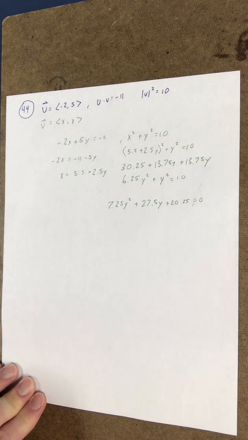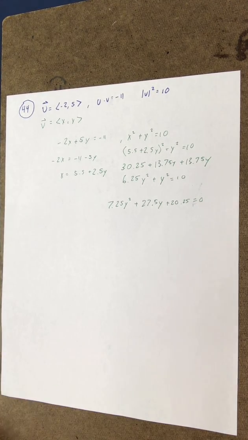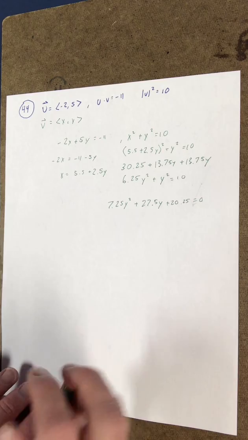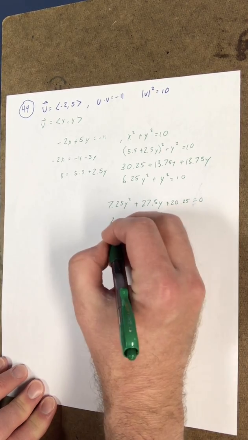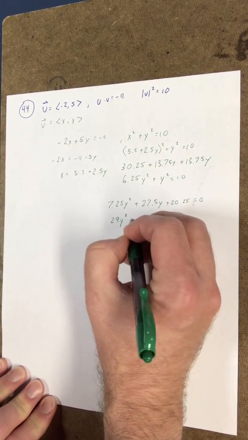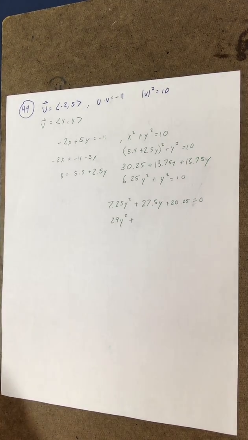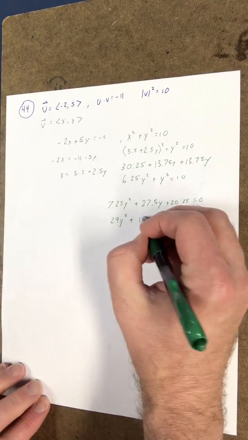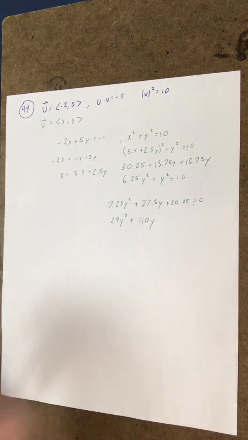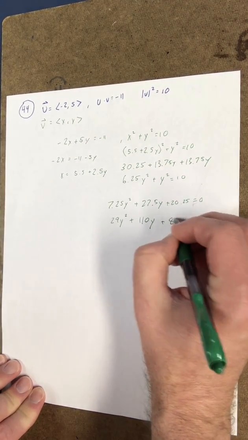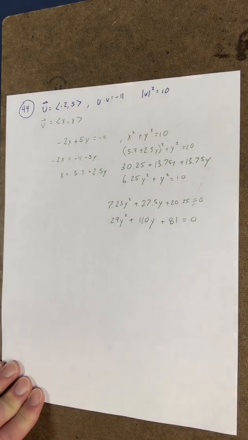I'm going to multiply all these by 4 to avoid decimals. So I'd get 29y squared, 110y, and 81 equals 0.